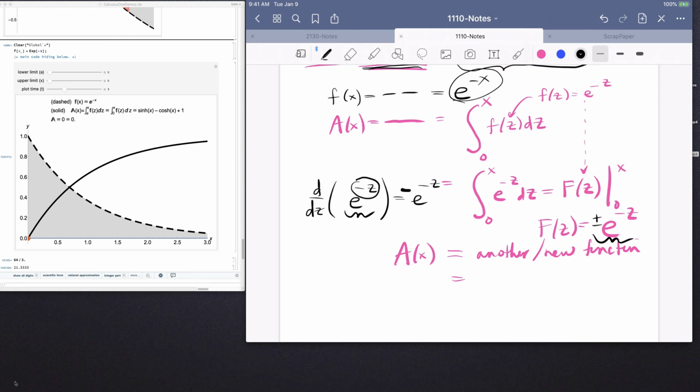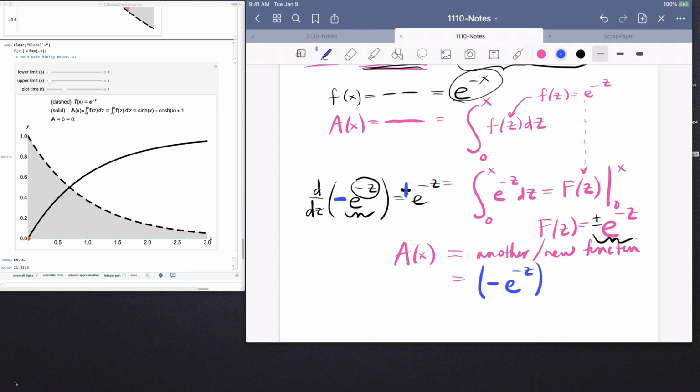So we can see that we don't quite have the right antiderivative, but if we put a minus sign here, then the derivative of negative e to the negative z is positive e to the negative z, which says that our antiderivative is negative e to the negative z.